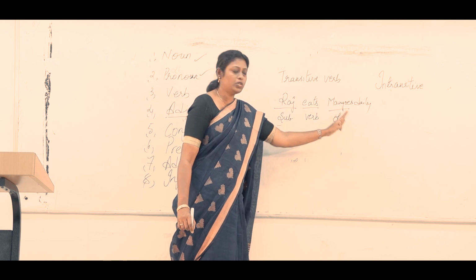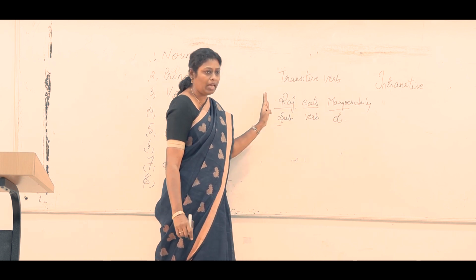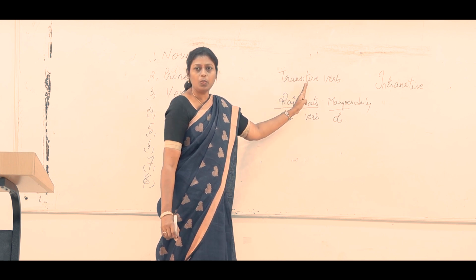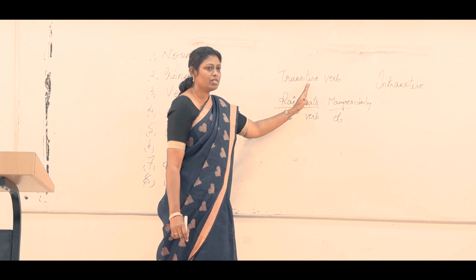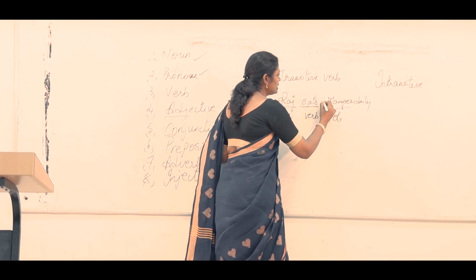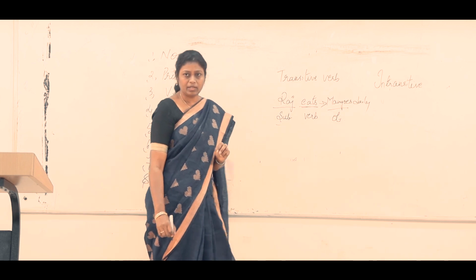Whenever you have an object for the verb of the subject, then it is called a transitive verb. Understood? So what is the meaning of a transitive verb? A transitive verb always carries an object.